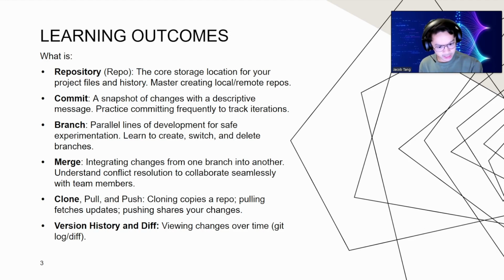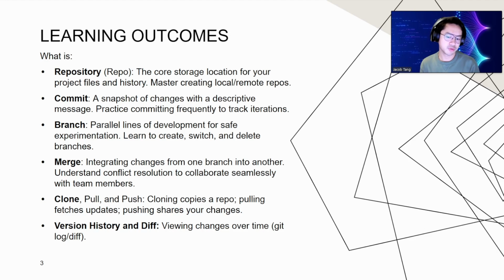So branches where we have experimental features, we want them in the main code itself. So the process of merging is taking a branch, a feature, and putting it in the main code. So we'll learn how to merge different features, and there's this problem that could arise called a merge conflict. We'll learn how to resolve merge conflicts.